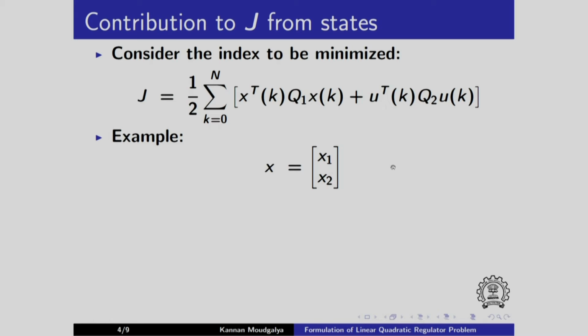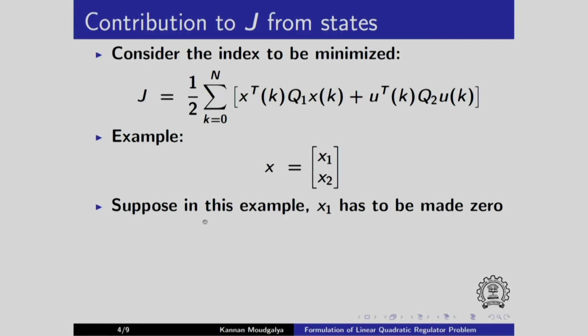Let us first discuss the contribution to J from the state. Let us take x equals x1, x2, a two state example. Suppose in this example we want x1 to be made 0. Suppose that we have no constraint on x2.